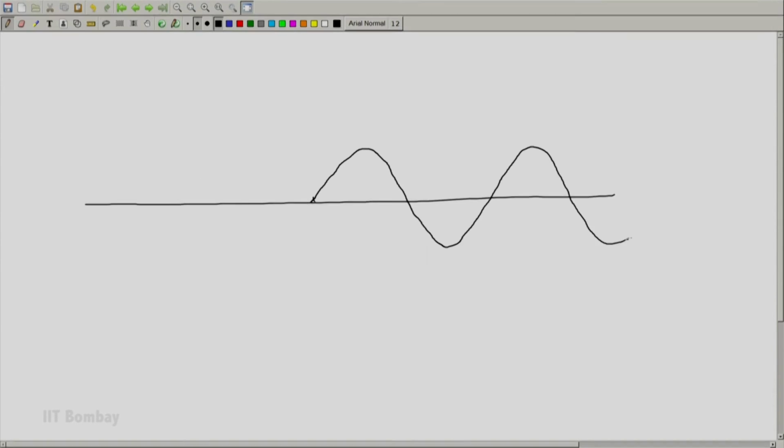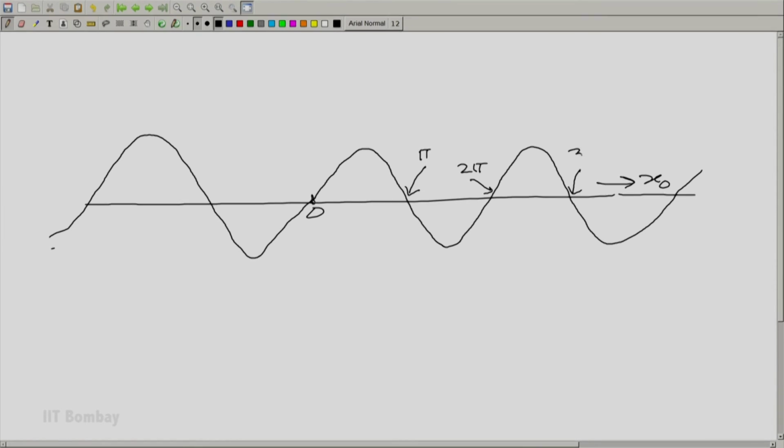So, if you look at the expression, this is how it would look. Let us plot them separately. So, sine looks like this and so on. So, this is at pi, every multiple of pi. This is sine x0. And on the same graph, we could draw x0 itself.